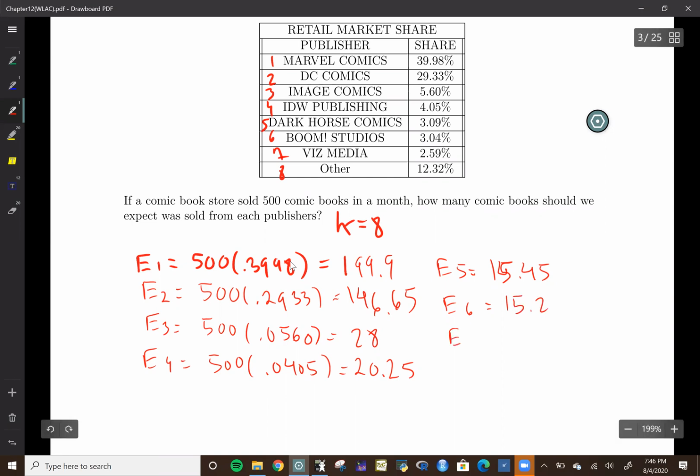Then the expected value for Viz Media is 500 times 0.0259, so we should expect them to sell 12.95 comic books. And lastly, we do others, which should be 1232.